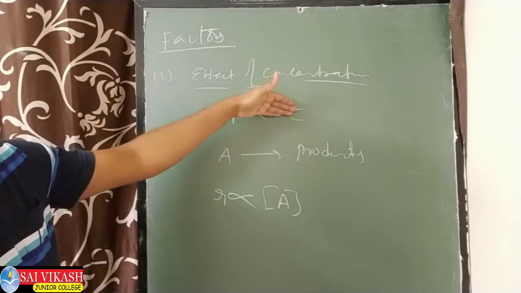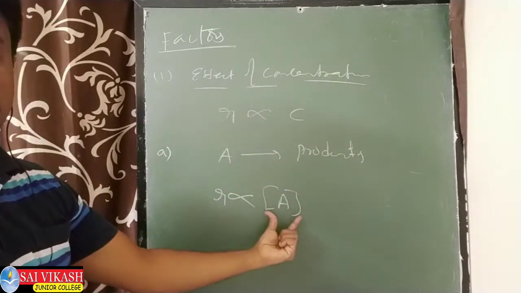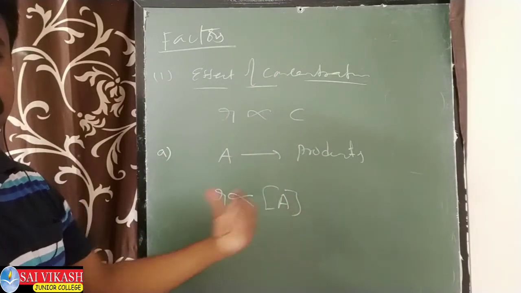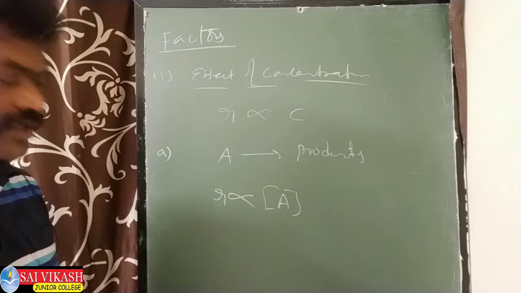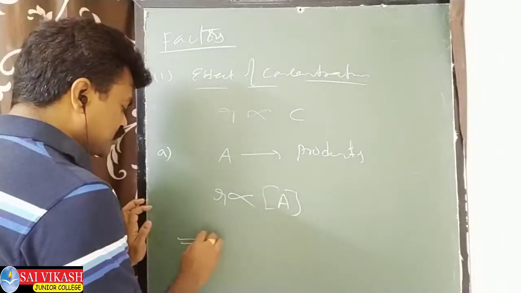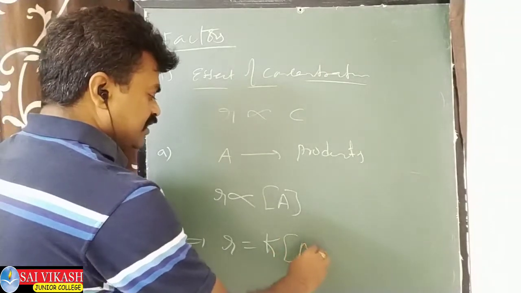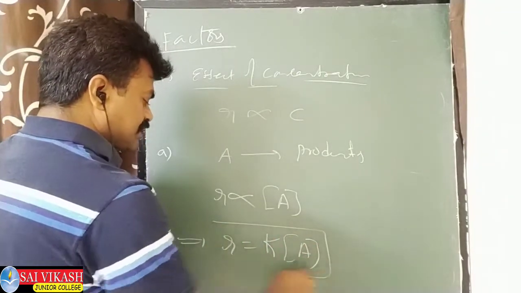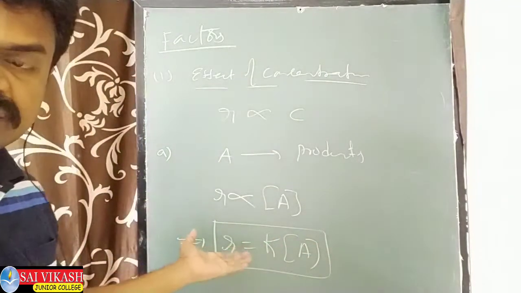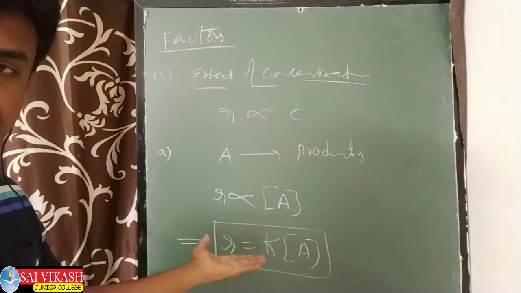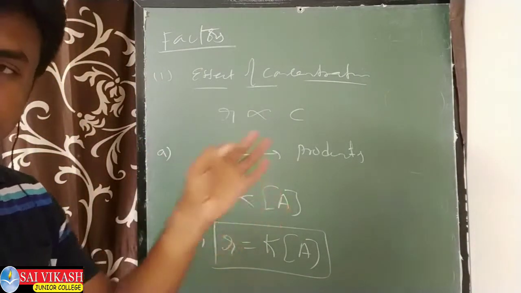Here the square brackets of A mean I have taken the concentration. If you remove the proportionality, you have to keep some constant, that is K into the molar concentration of A. So this is the way of writing the rate equation.